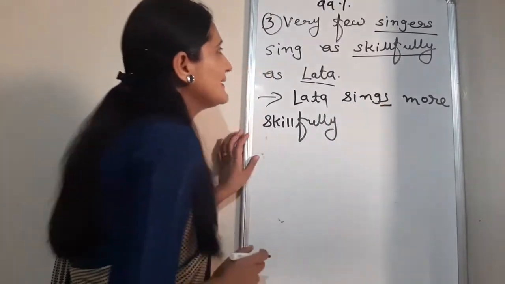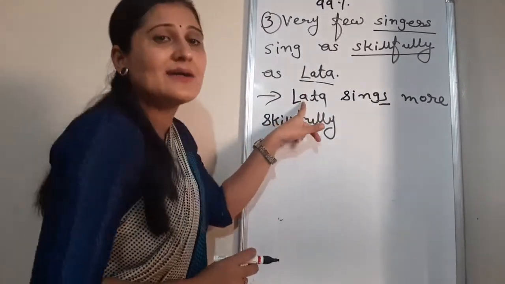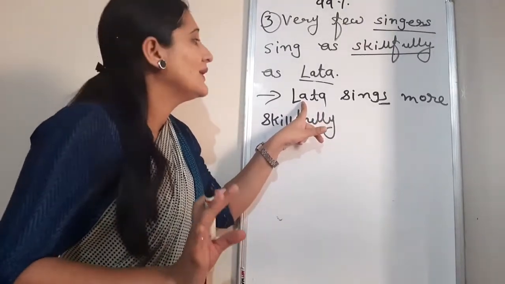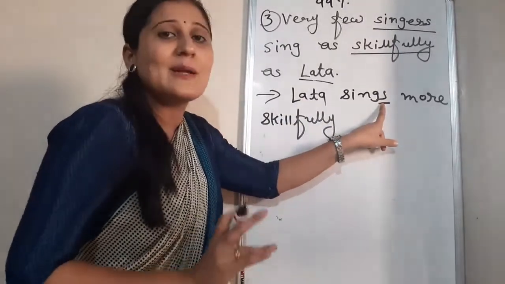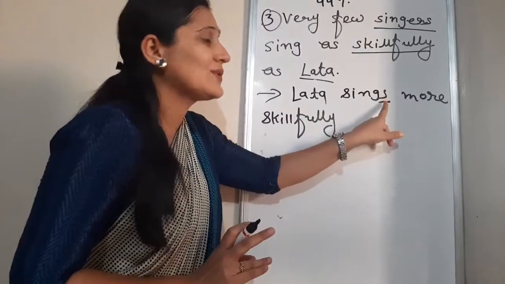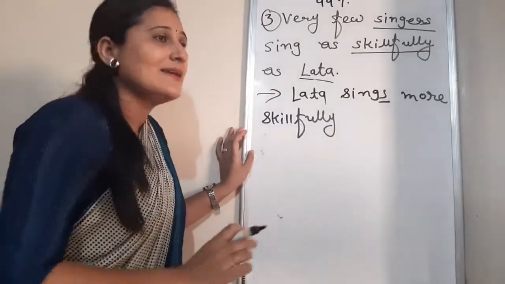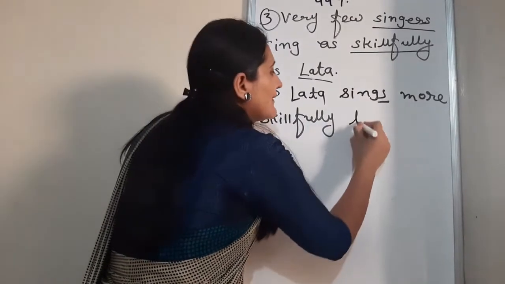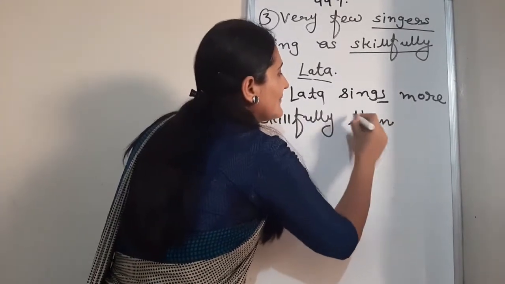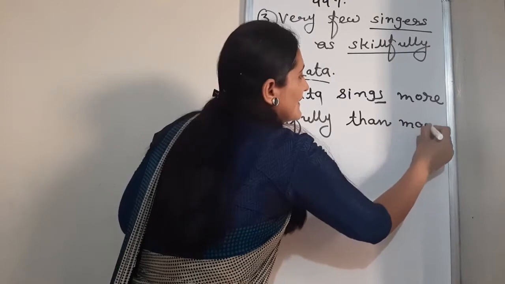Why have I added S? Because Lata. I, we, you, they, main verb; he, she, it, S or ES. So Lata is a girl, so we need to write S. Right? More skillfully. After that adjective, then many others.